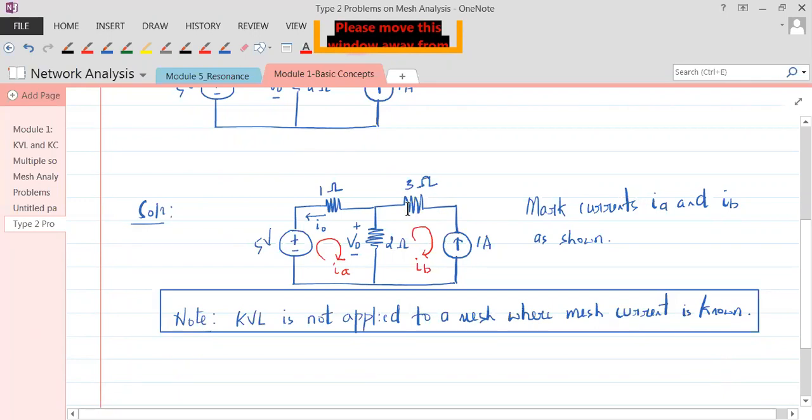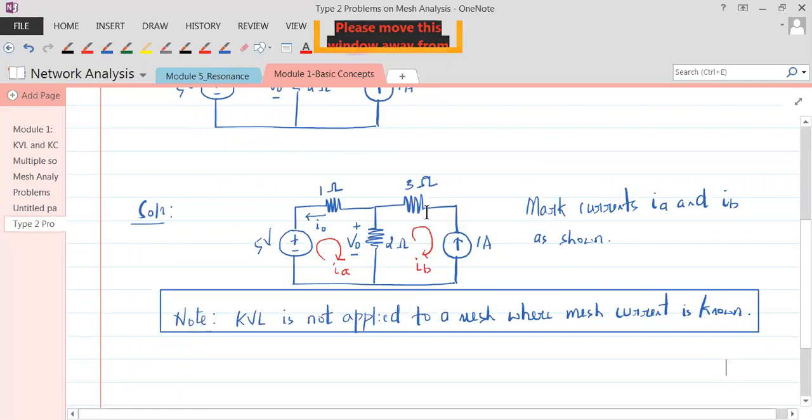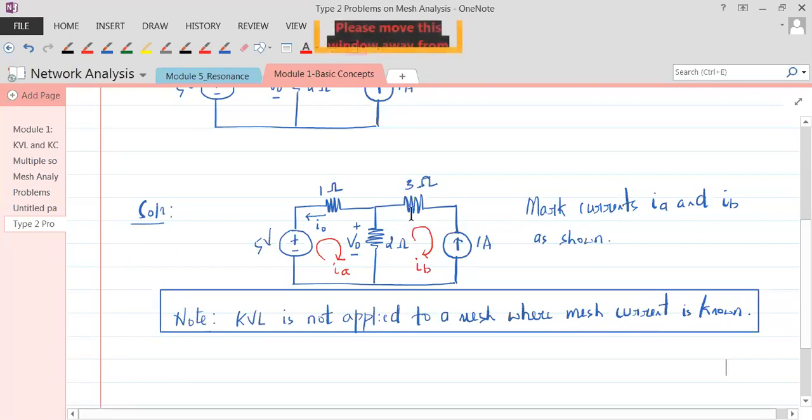Everybody understand that point? What does that mean? We have IB flowing to the right and we have 1 ampere flowing to the left through 3 ohms. So don't you think we know IB then? Can anybody comment what IB is there? IB is flowing to the right through 3 ohms, whereas this 1 ampere current source is showing the current 1 amp flowing to the left.